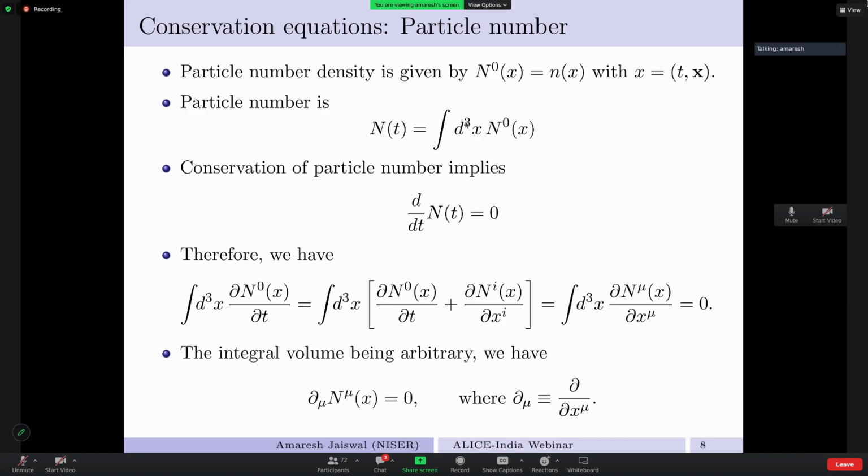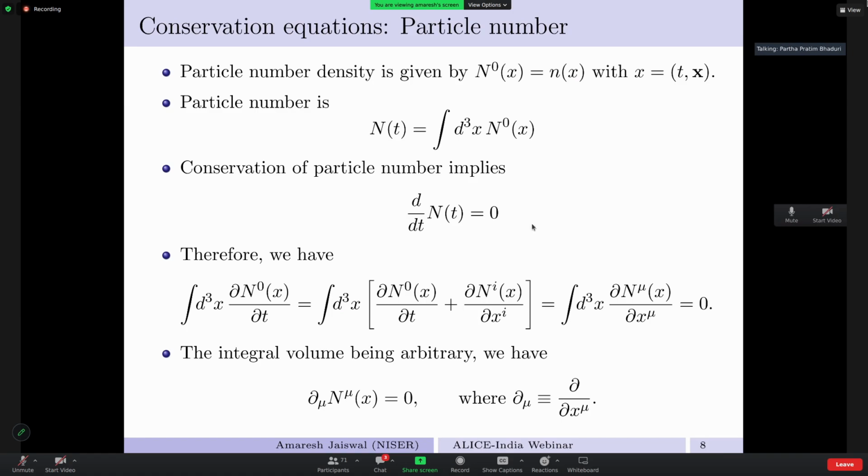The total number is just a function of time, because what I did was I integrated over the spatial x, over the d3x. But the conservation tells me that it cannot be a function of time. It cannot change. The total number has to be conserved if it's a conserved quantity.